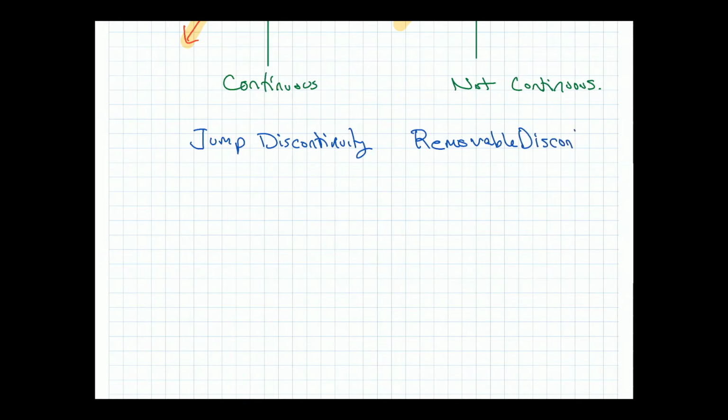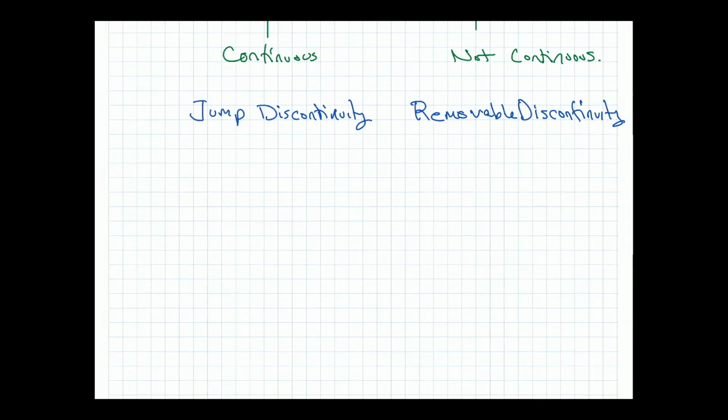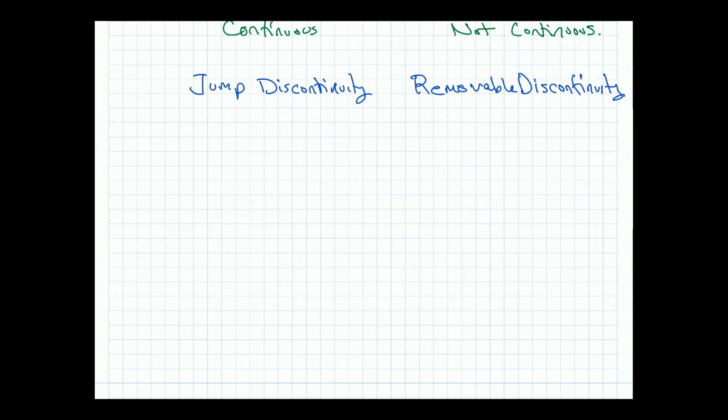There are others, but I'm not thinking that they used them in the book, so I'm not going to describe them unless I see one in the next few minutes. So a jump discontinuity is actually what we just already saw.